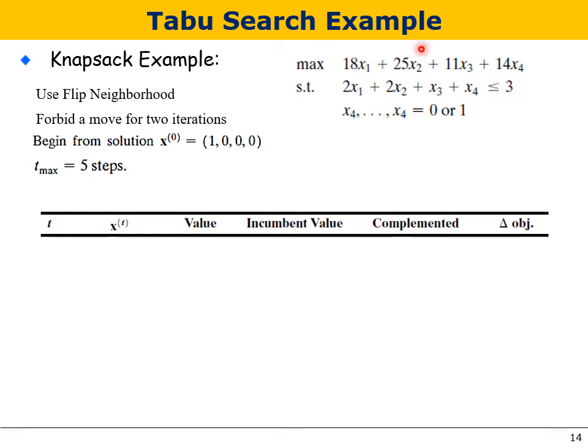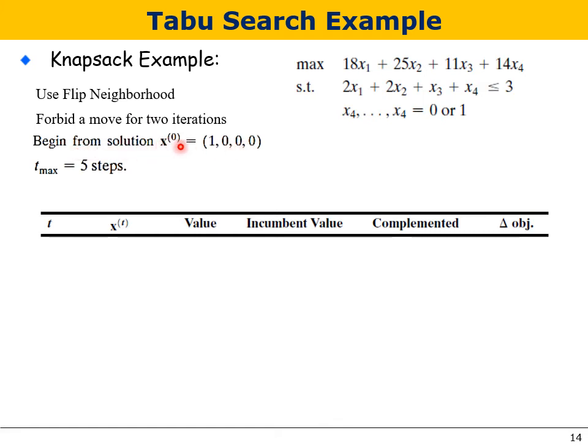In order to have a Tabu search algorithm, we need to know its parameters. The first parameter is that we need to use the flip neighborhood. We may use different types of neighborhoods, but in this example we will use the flip neighborhood that we already learned. Then we need to know the length of the taboo list, and it's given as 2 iterations.